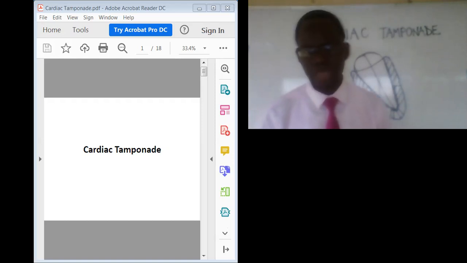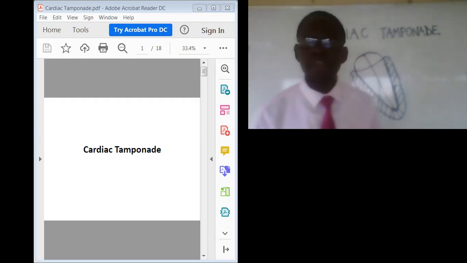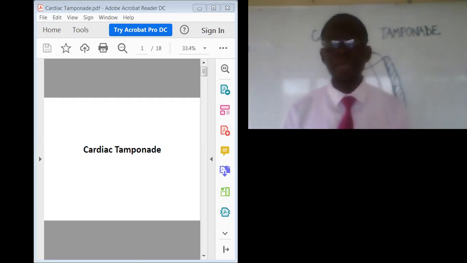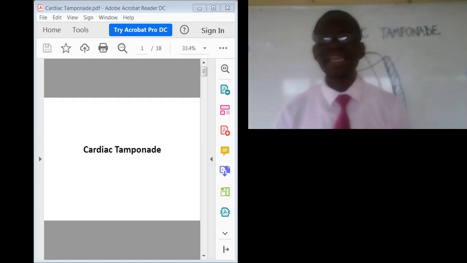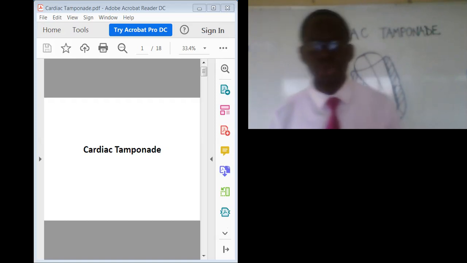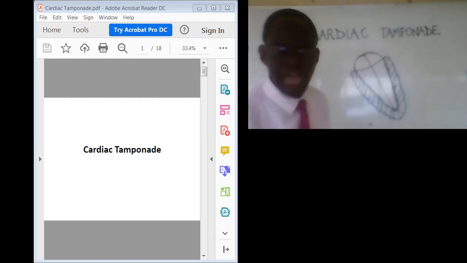functions. Now, with a pathology or with the condition called pericardial effusion, this condition leads to accumulation of fluid within this pericardial sac.